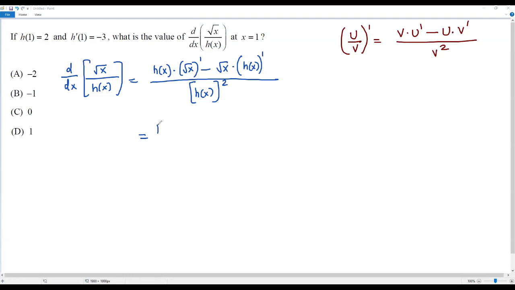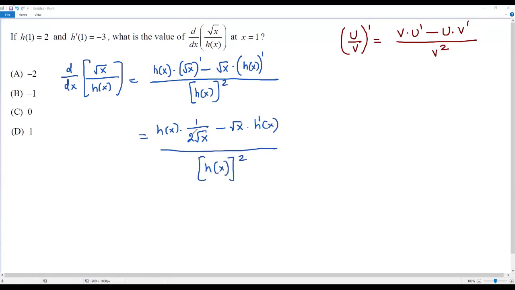We know that the derivative of square root of x with respect to x is 1 over 2 square root of x, and the derivative of h of x is h prime of x. So we get h of x times 1 over 2 square root of x, minus square root of x times h prime of x, divided by h of x the whole square.